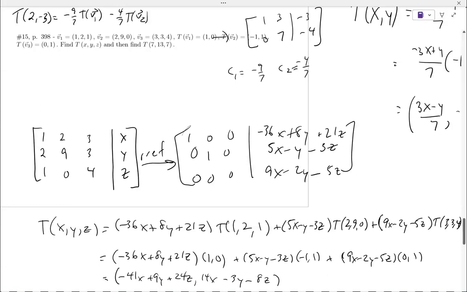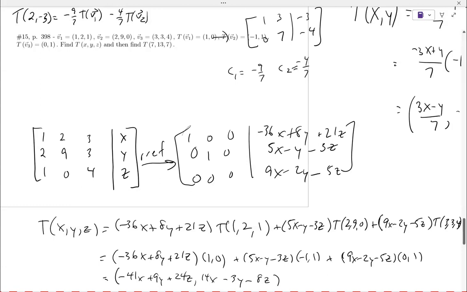Just combining the vectors. Just doing it each term at a time. Is that okay? Where I'm getting those? Notice when I'm doing the first components, I don't need to worry about this one because there's a 0 in the first component here, right? So I'm just doing that times the 1, that times the negative 1, combining like terms.